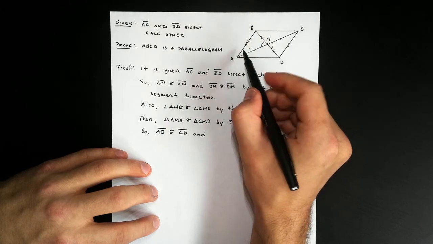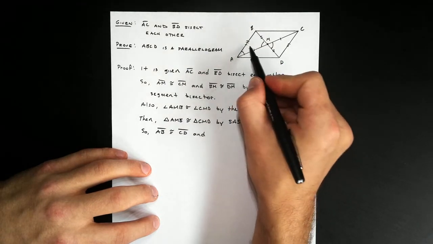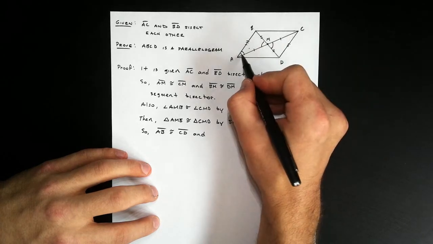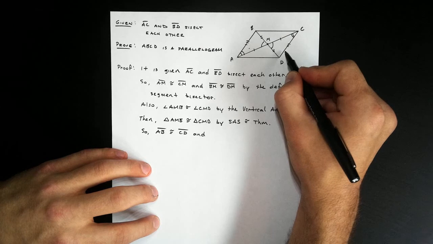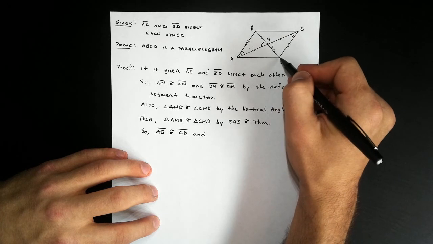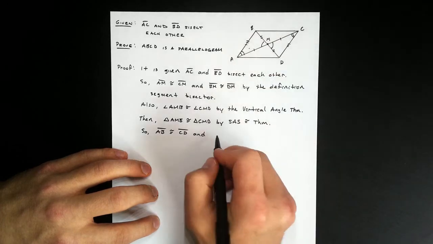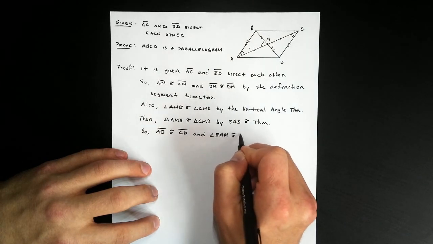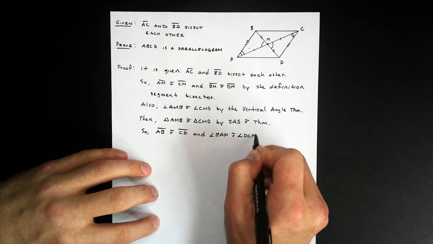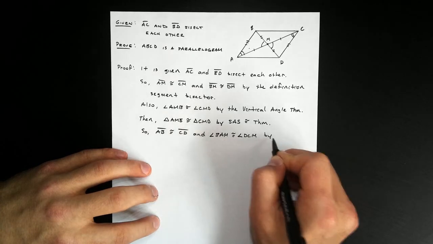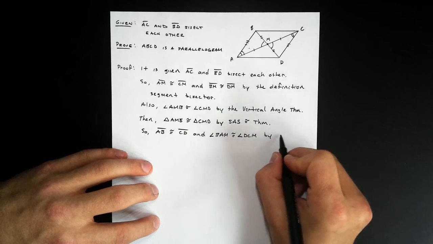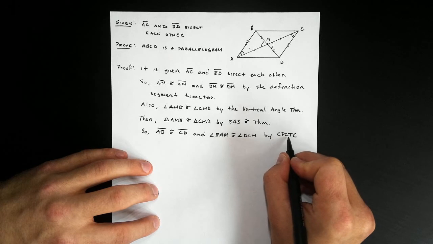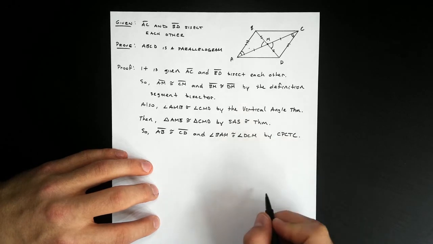So for example, this angle down here, angle BAM, has to be congruent to angle DCM. And for both of those, we're just using corresponding parts. I'll abbreviate it this time to CPCTC: corresponding parts of congruent triangles are congruent.